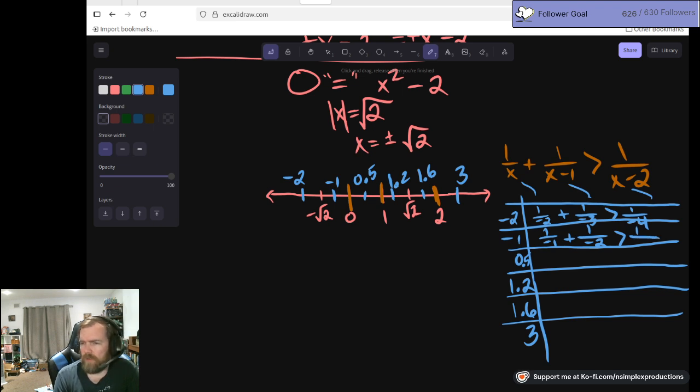Here, 1 over -1 minus 2 is -3. Half is going to be 1 over a half is 2, plus 1 over -1/2 is going to be -2. That's nice and easy. Greater than 1 over a half minus 2 is -3/2, so it's 1 over that is -2/3.